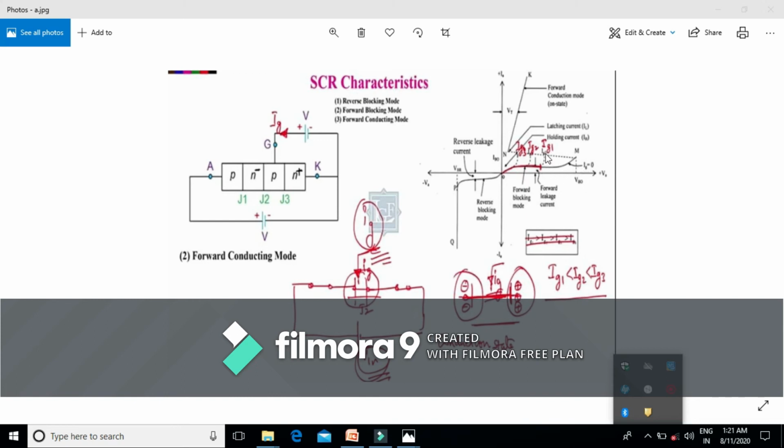This is the Ig1, and here I am showing this breaking over characteristics, and resulting in the forward current like this. That means the higher the amount of gate current, Ig3 is greater than Ig2, Ig2 is greater than Ig1.